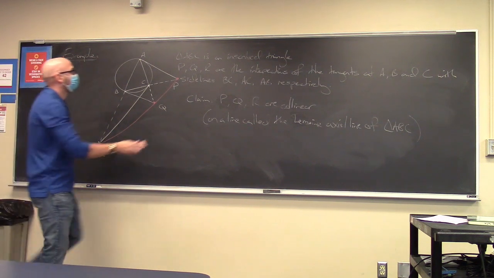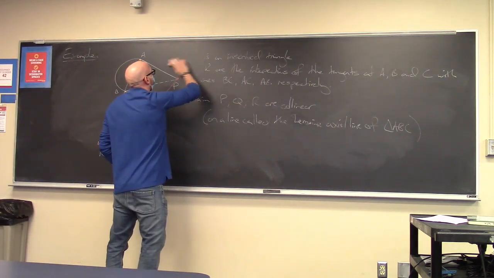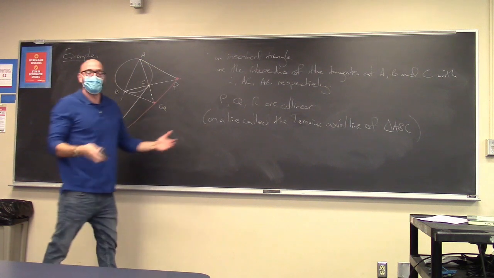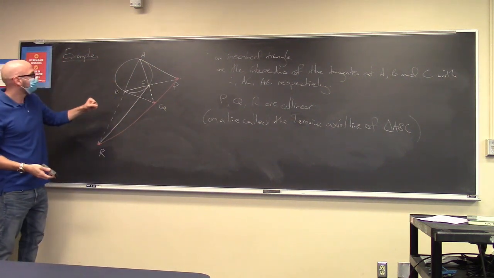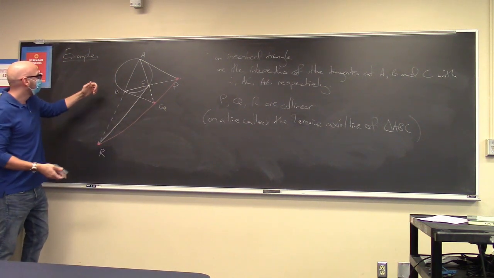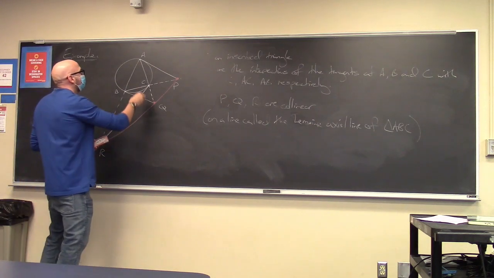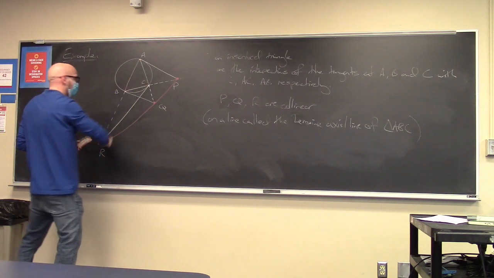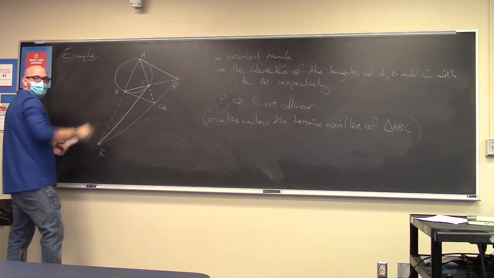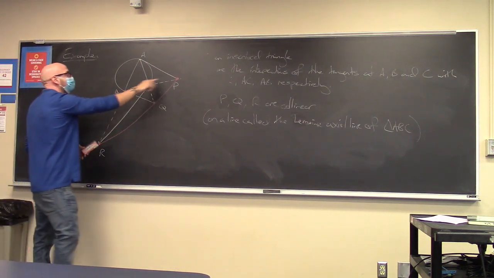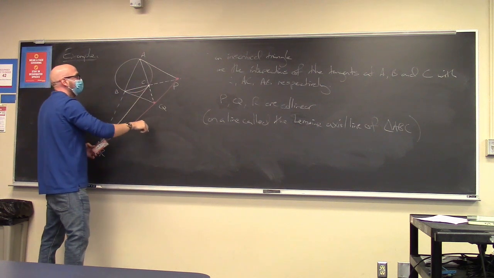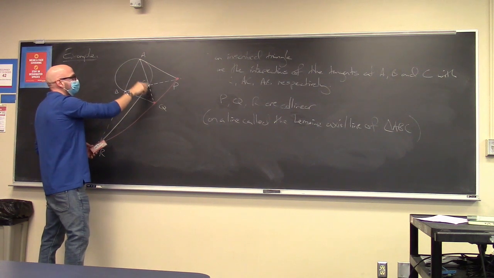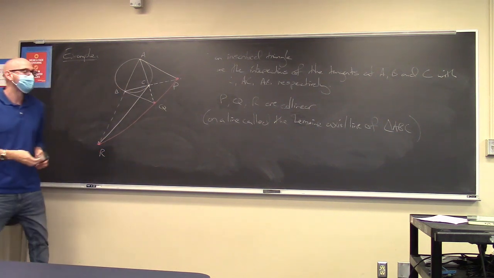So we'll prove this. How are we going to prove it? We're going to use Menelaus' Theorem. So I want to compute the Cevian product. I want to compute AR over RB, BP over PC, and CQ over QA.